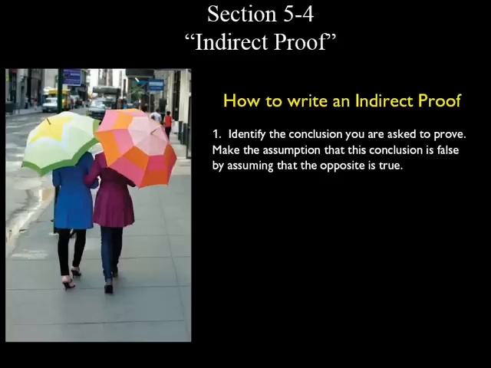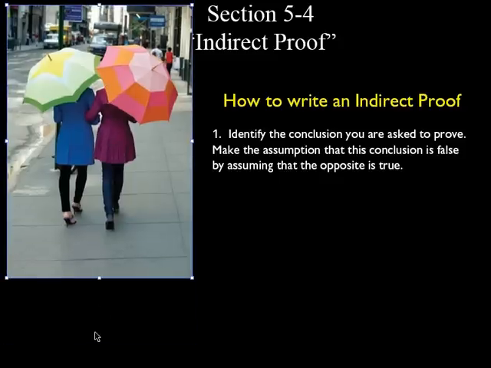We were trying to prove that it is not raining outside. Let's scooch this up a little bit right there. And we are trying to prove that it is not raining.